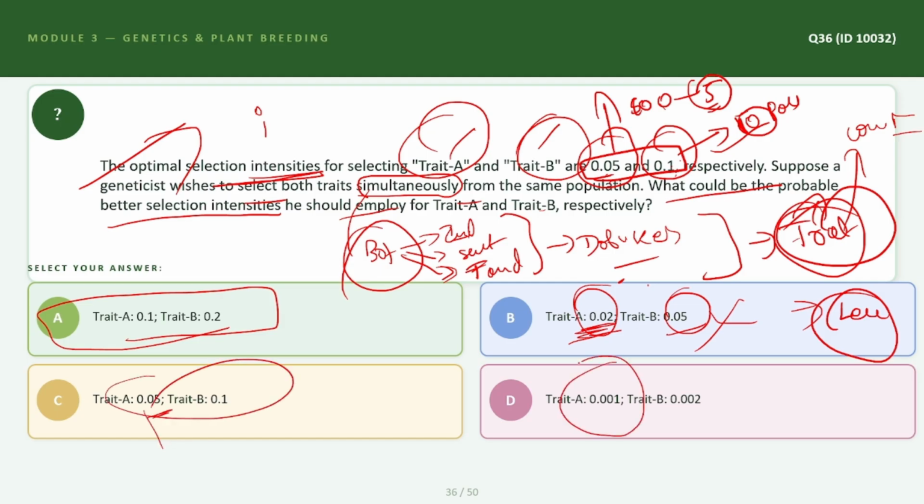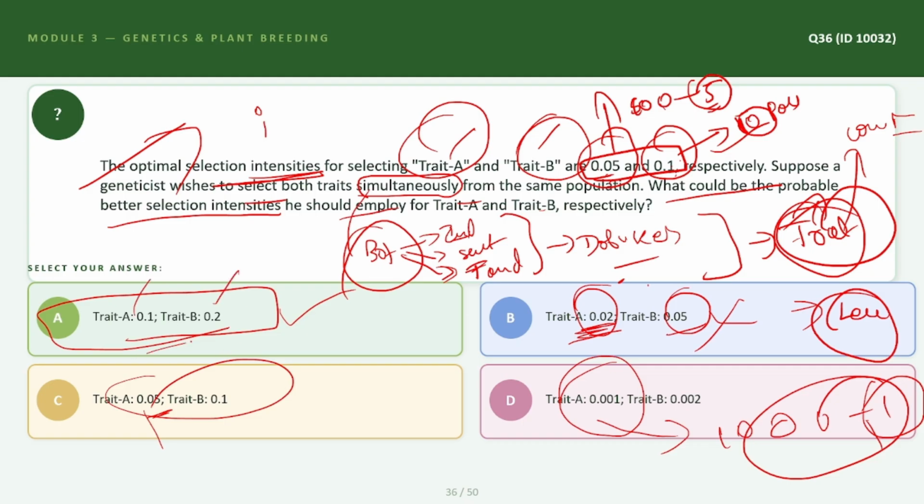And here 0.001 is further less, among 1001 plants if you are selecting one plant. That's why the selection intensity should be compromised when you are doing simultaneous selection. I think it's more complicated because if you don't know what is I, how it is estimated, what is the meaning of it, you're not going to understand this.